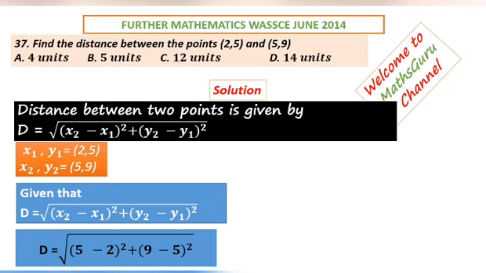Then we have to square it, plus y2 is 9 and y1 is 5. We substitute into the second part there and then square as well.